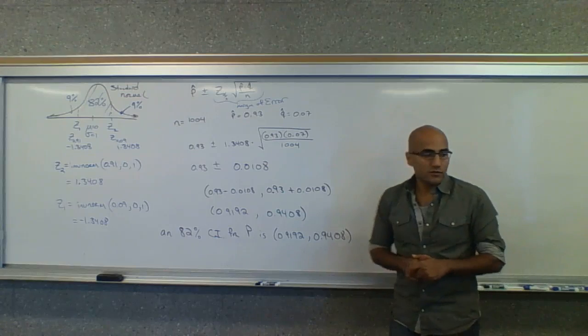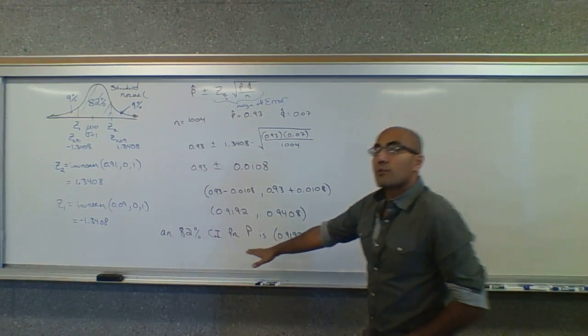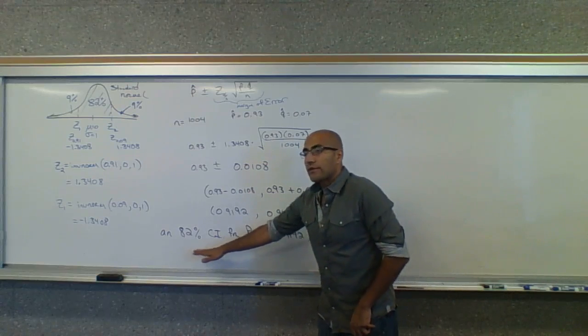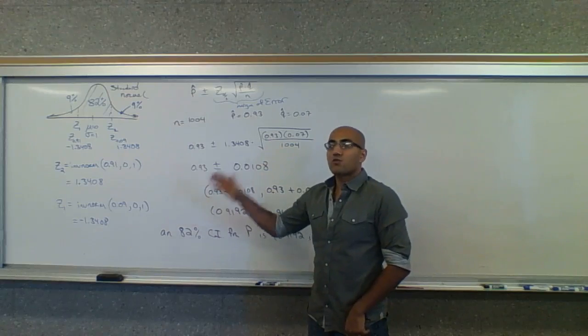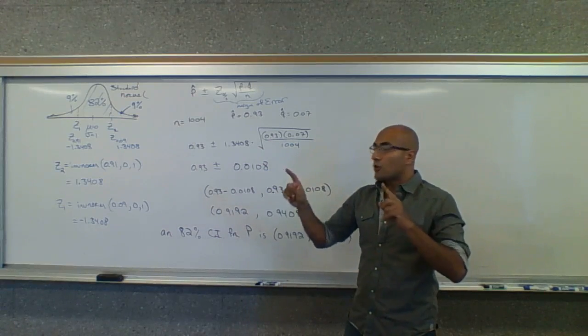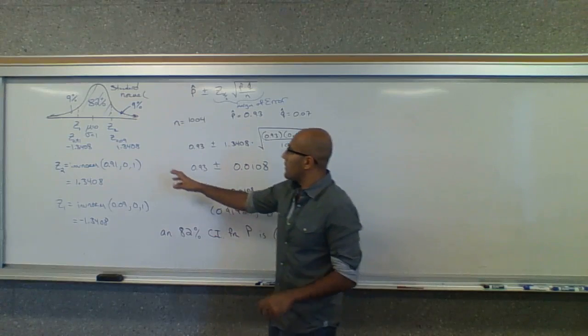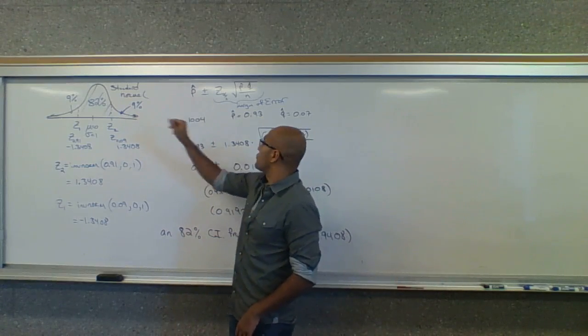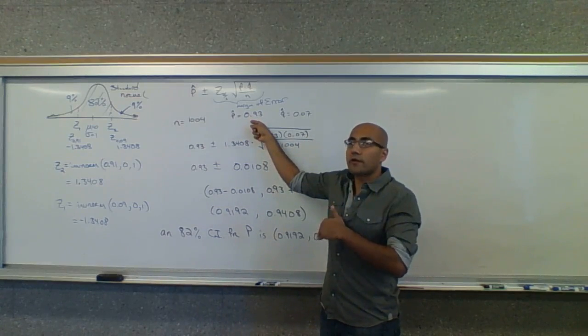Okay, and then the interpretation of this. Don't forget what this means. So, if I asked 100 different people to go out there and get their own samples from the distribution, it's likely that almost all 100 people are going to come back with their own sample proportion, probably different values.